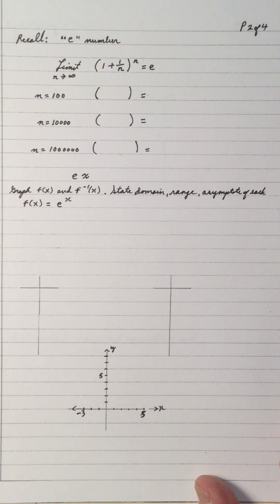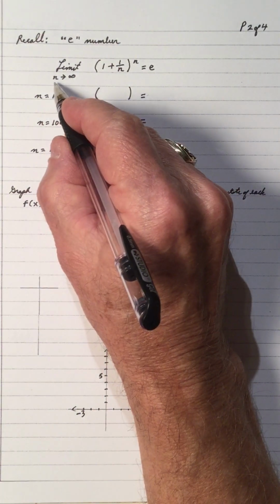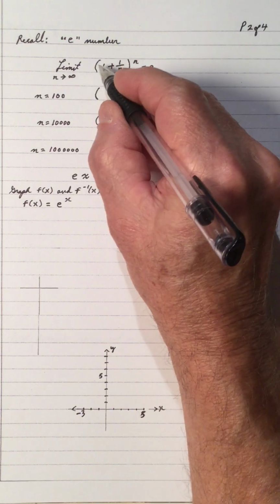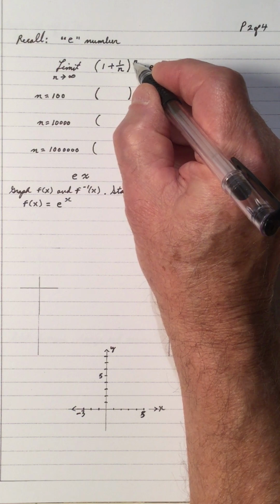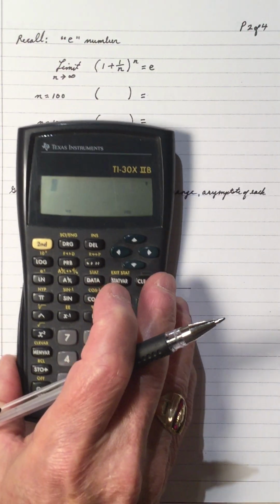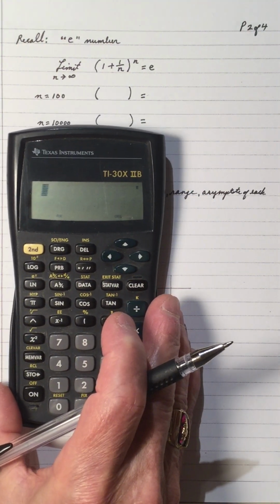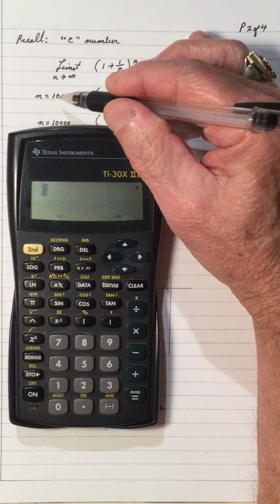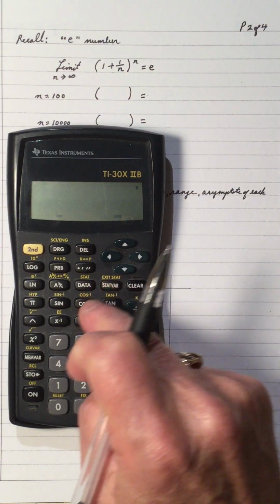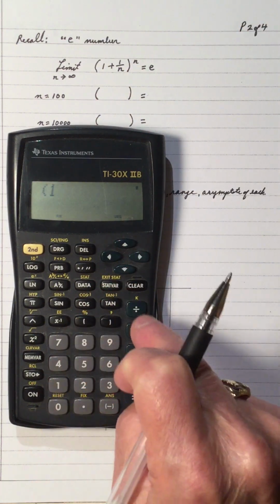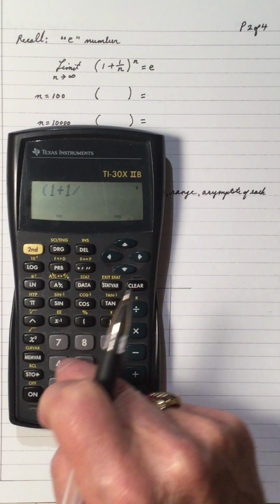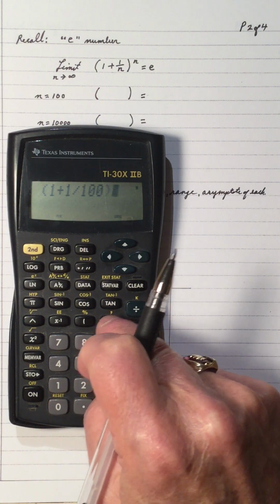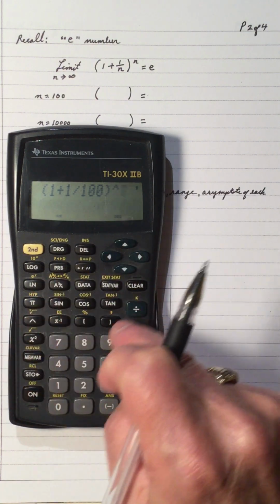Recall the number e. The limit as n goes to infinity of (1 plus 1 over n) raised to the n power is e. So let's do an illustration of this, and I'm going to put n as 100. So let's go bracket 1, add on 1 divided by 100, and raise it to the 100.